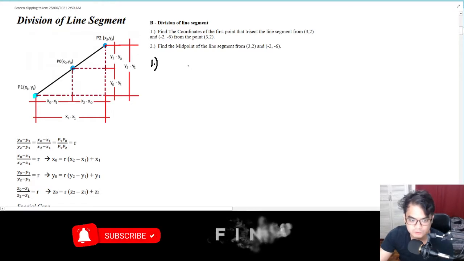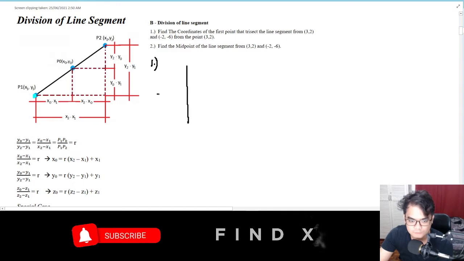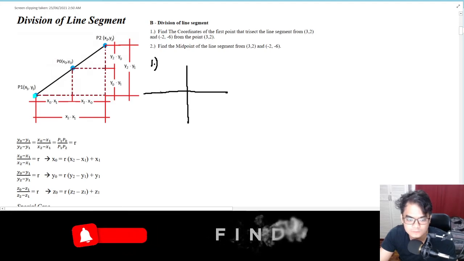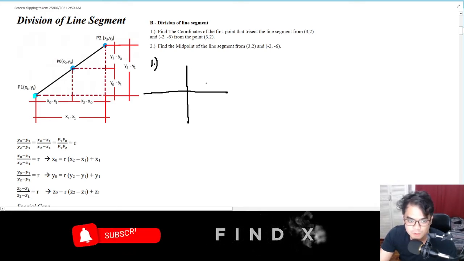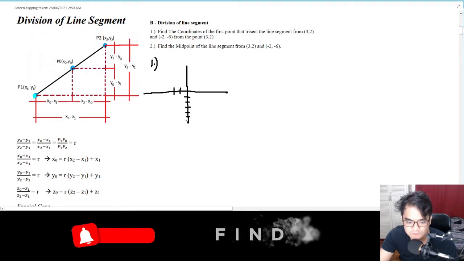Okay, so let's try to draw a Cartesian plane. Then we have to plot (-2, -6). Let's say that this is -2, and then 1, 2, 3, 4, 5, 6.